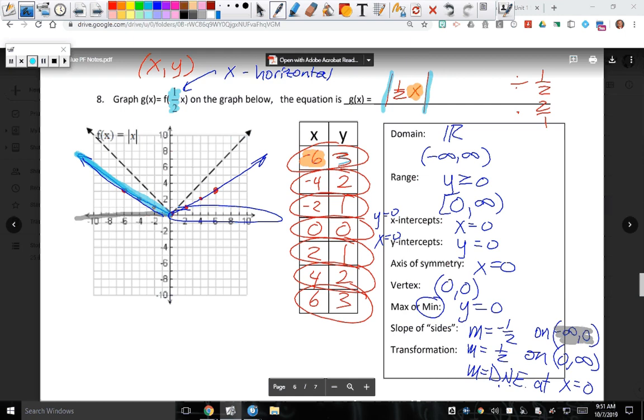You're going to learn this a lot next class for sure. If it's y, then it's vertical. So here's my question to you. The biggest question so far right now is, how do you know if it's with x? And how do you know if it's with y? It's inside. If it's inside the parentheses where x is located, it's going to be x. If it's outside of that parentheses, it's going to be y.